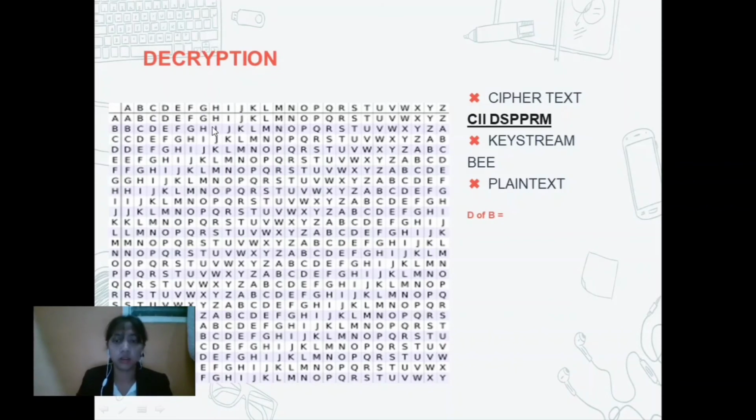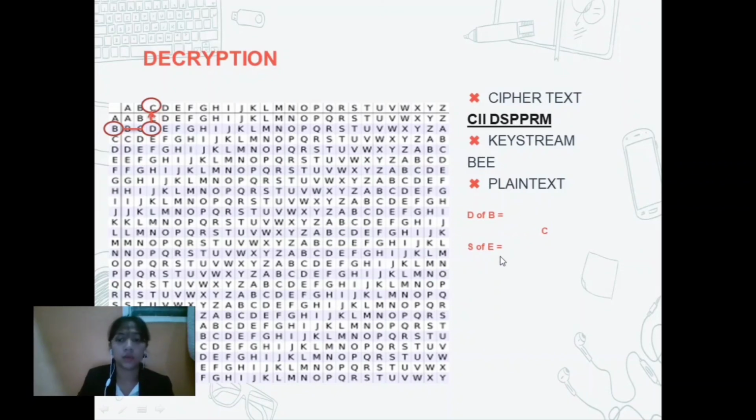So D of B, we will find the D in the B. So here's the B in the key stream. At the top of the B of the D is the ciphertext. So the D of B is equal to C. Next is the S of E. The E is the key stream and the S is the letter from the ciphertext.